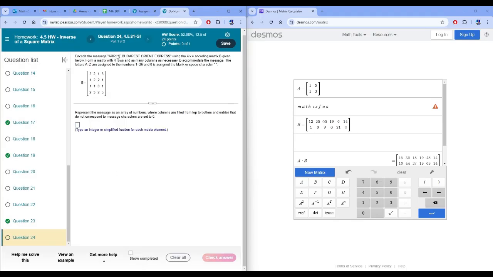Encode the message arrive Budapest Orient Express using the 4x4 encoded matrix given below.